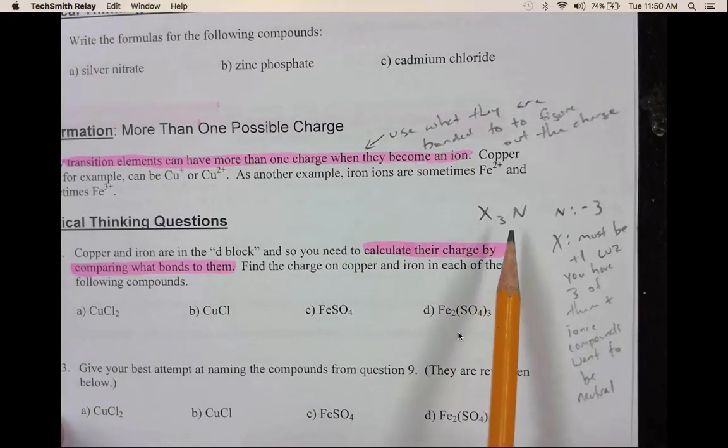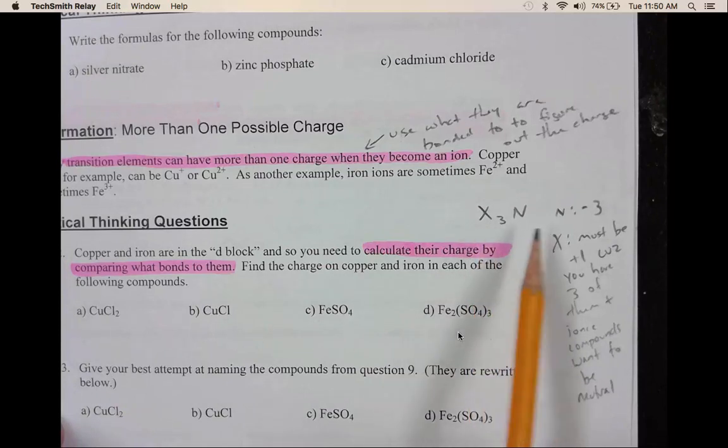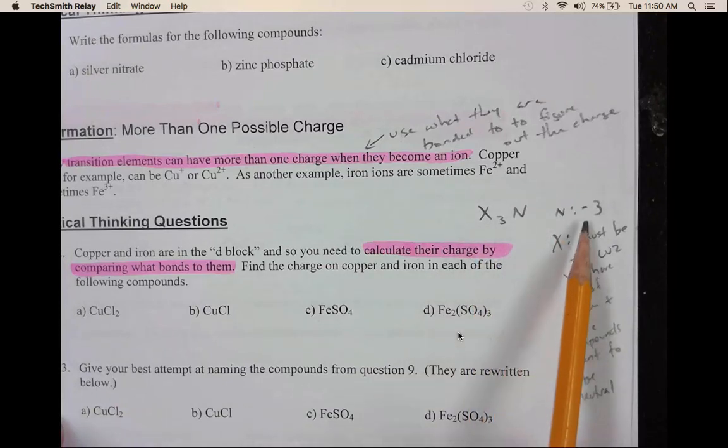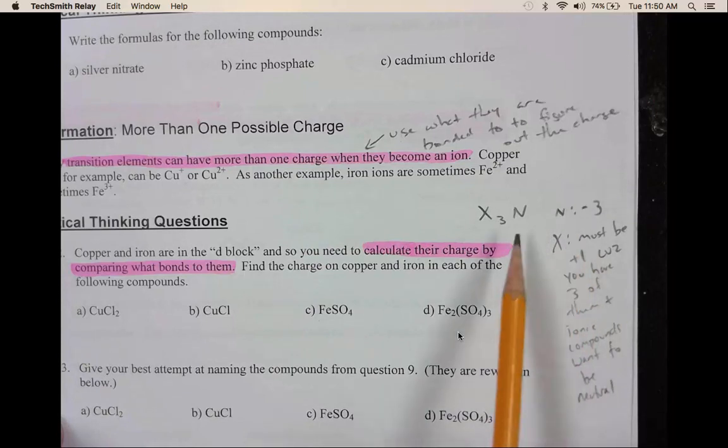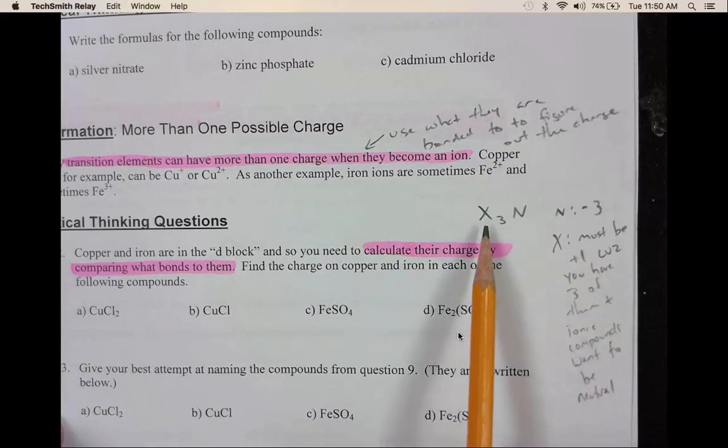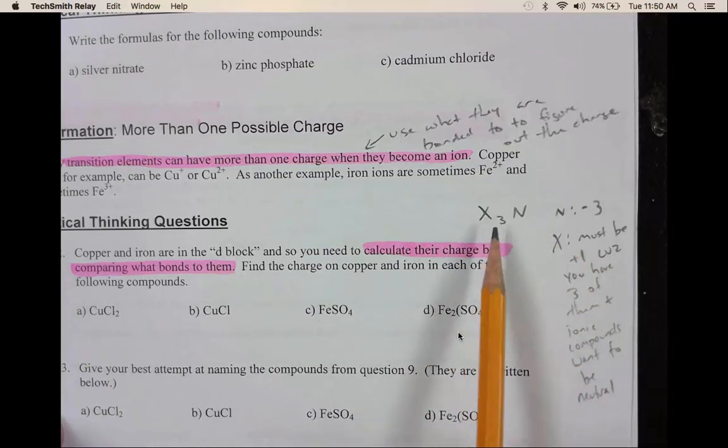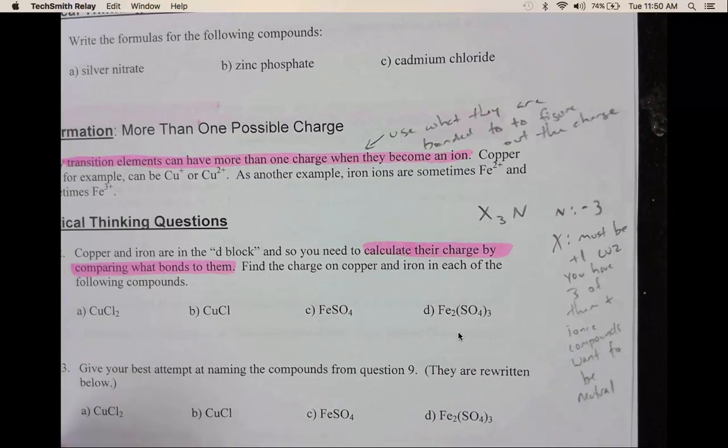So we can figure out the charge of X based on what nitrogen is. Nitrogen has a -3 charge, and we know that we have 3 of whatever element X is. So that means X must be +1, because 3 times +1 is a +3. +3 would cancel out -3, and it would be neutral.